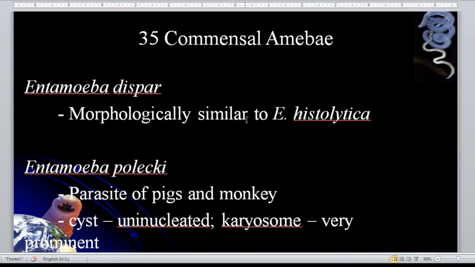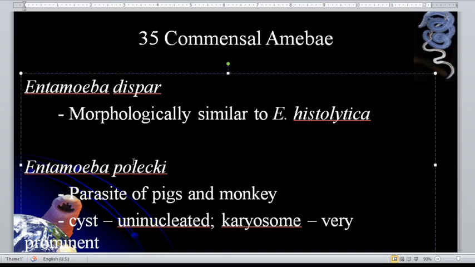That's why the characteristics of histolytica that we discussed, like chromatoidal bodies that have blunt ends and a central caryosome, are also the characteristics of Entamoeba dispar, as well as hartmanni, but hartmanni is smaller in size. The Entamoeba polecki is the parasite of pigs and monkeys, and the cyst is uninucleated, the caryosome is very prominent.